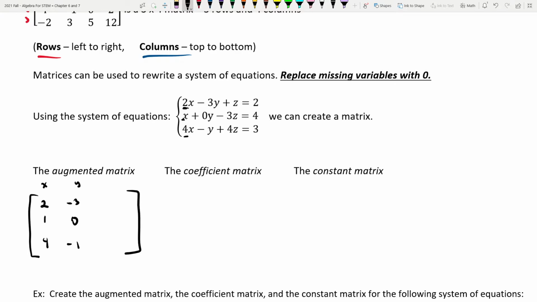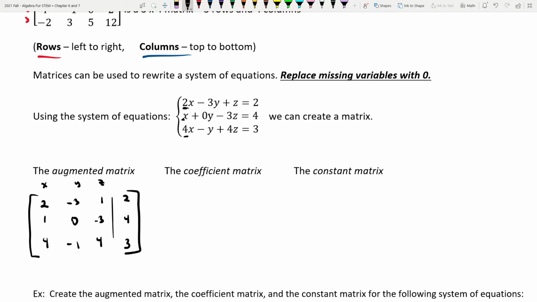And then we have the z column, which is going to be 1, negative 3, and 4. Furthermore, we have the constants on the other side of the equals. A lot of times we'll write a little line here to indicate the separation between the coefficients and the constant part. This is 2, 4, and 3.